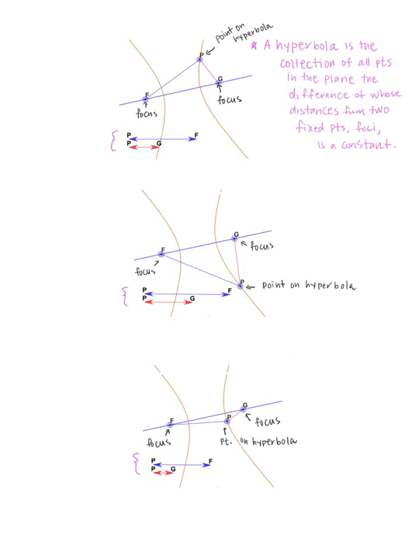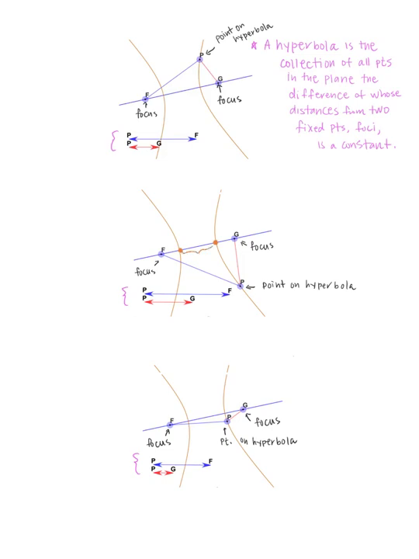So for an example, let me just take the second graph. I'm going to jot down the two vertices together. So these are the vertices. That constant amount is nothing but the length from here to here.